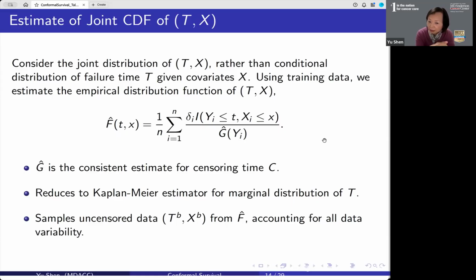So x is a vector. It could be continuous or even a categorical variable. You can use that to estimate. This is just a non-parametric estimation for the joint distribution.